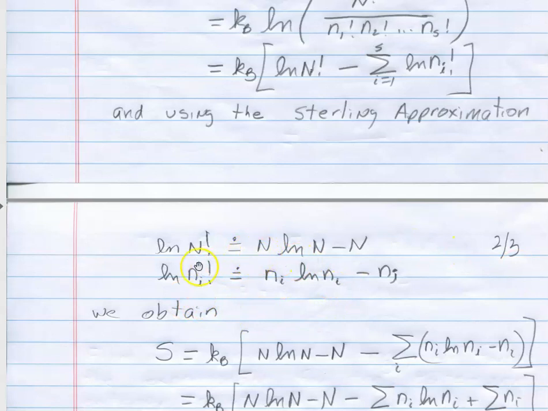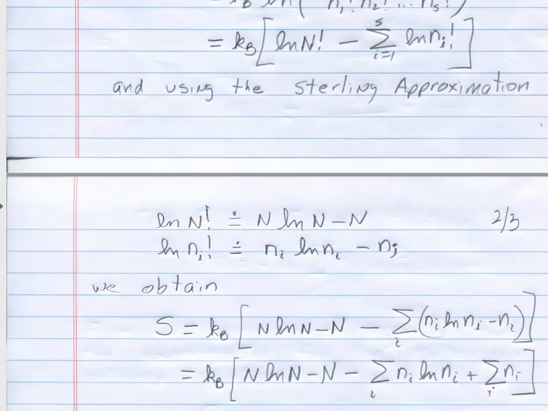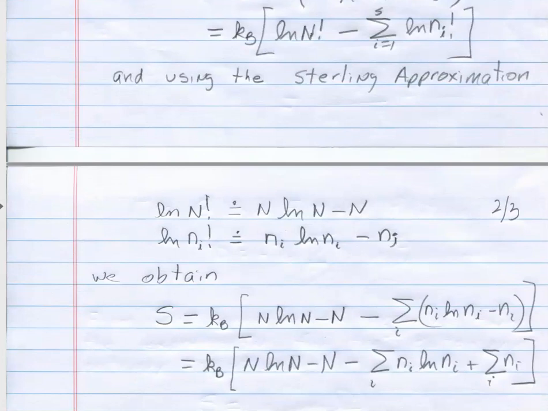They're really approximations, but they're so good at these large numbers that we'll write them as equalities for the most part. Natural log of N factorial is N ln N minus N using the Stirling approximation. And likewise, natural log of the n sub i factorials is n_i ln n_i minus n_i.